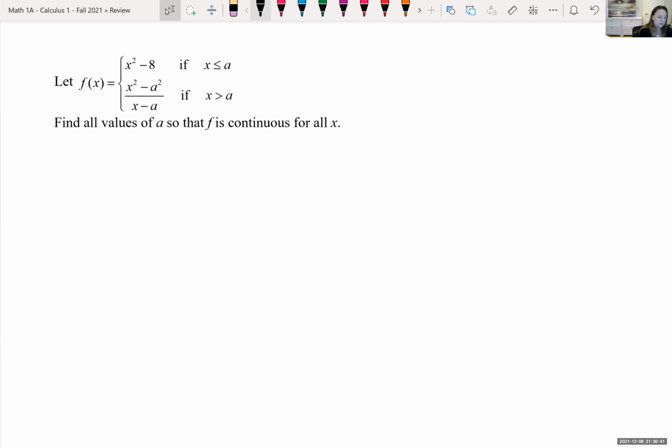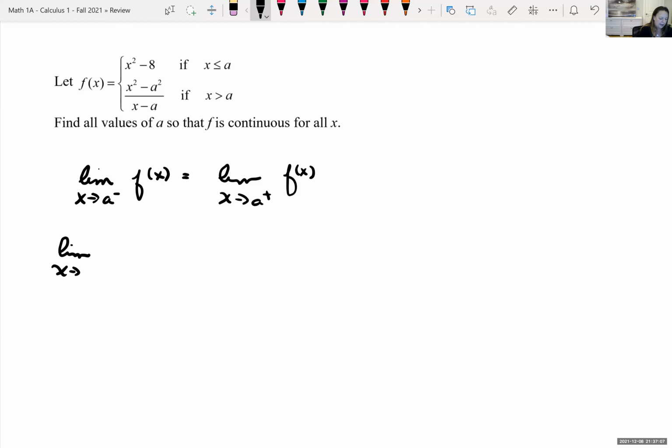Okay, so in order to be continuous, the limit as x approaches a on the left of f of x has to equal the limit as x approaches a on the right of f of x. So let's look at the limit as we're approaching a on the left.